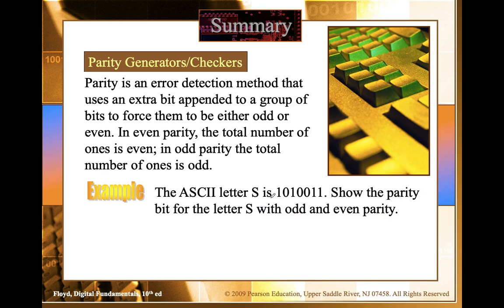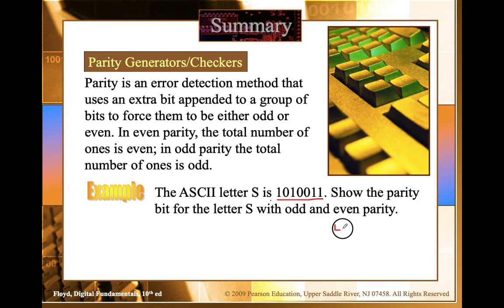So if you have this number, the ASCII letter S, then show the parity bit for the letter S with odd and even parity. It's very simple, this is my number and I want to add odd parity and even parity with it. If you look at it, how many ones are there? 1, 2, 3, 4, right?